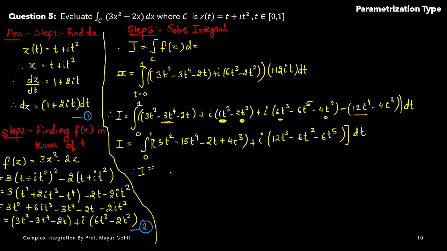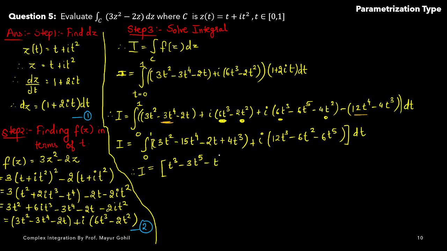I'll just do the manual way to have the feel of the whole concept. So it is t cube over here. It is 5t raised to, yeah, it is 3t raised to 5.